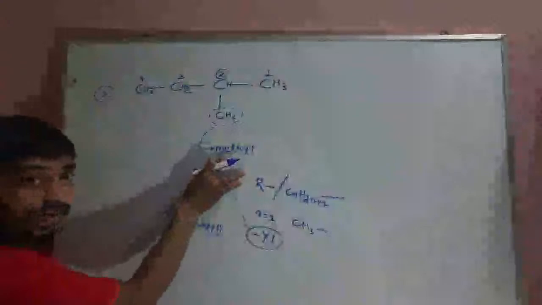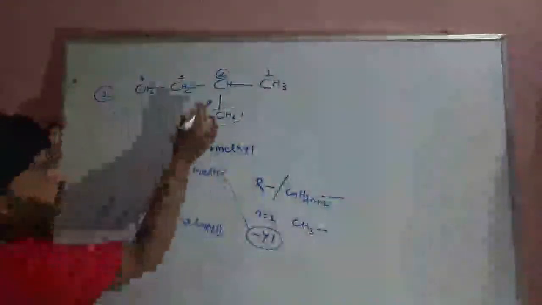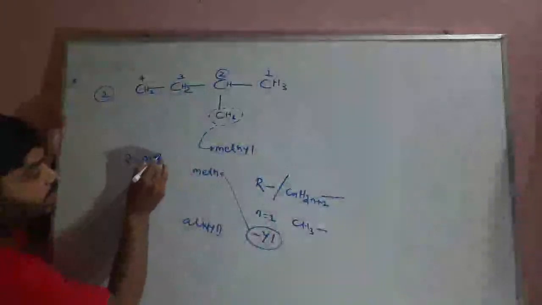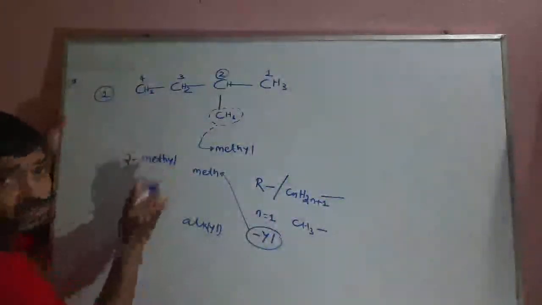So the name of the compound will be, as I have told, first we need to place the name of the substitution group with the locant, so the locant here is 2 and the name of the substitution group is methyl, so the name becomes 2-methyl.